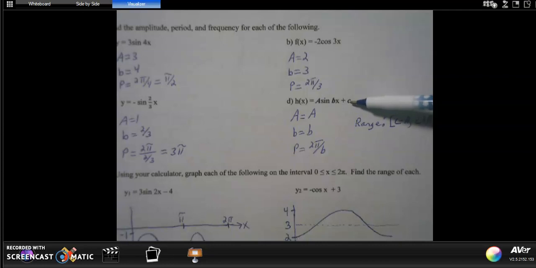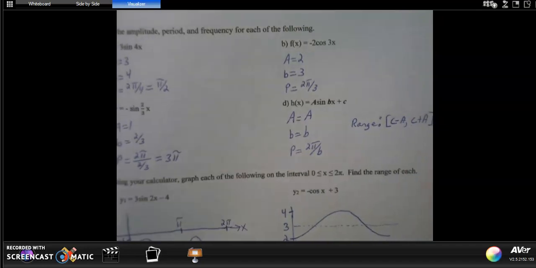That plus c is a vertical shift of c units. To get to the maximum, you take that c value and add a. To get to the minimum, you take the c value and subtract a, the amplitude. So there's your range, from c minus a to c plus a. That one's a little bit trickier.